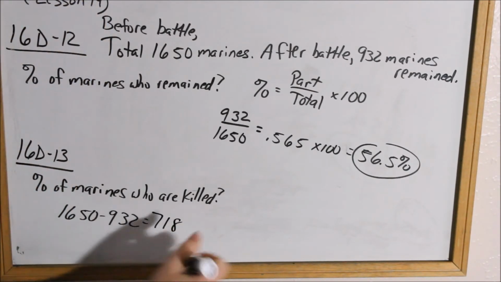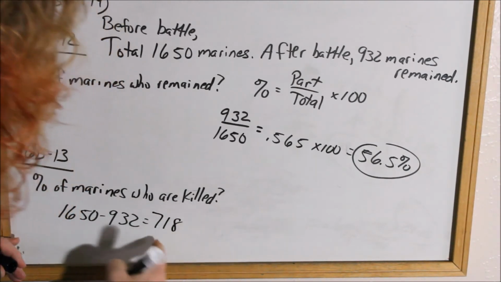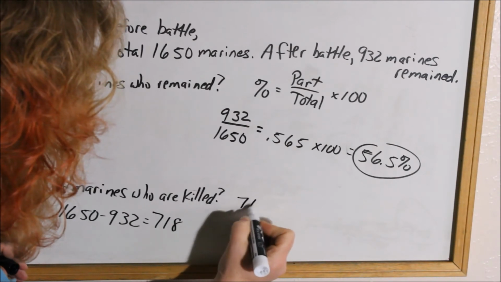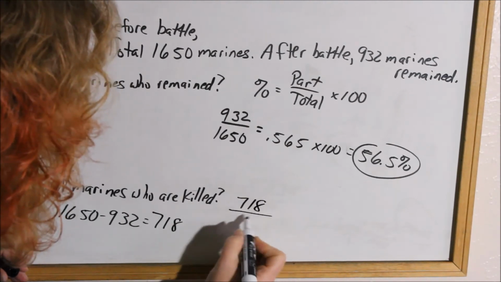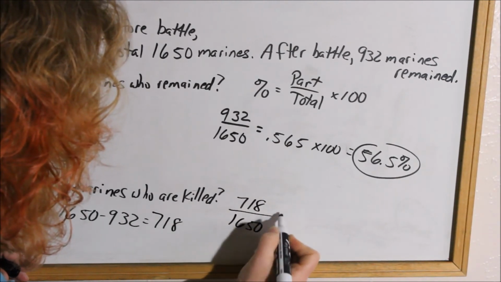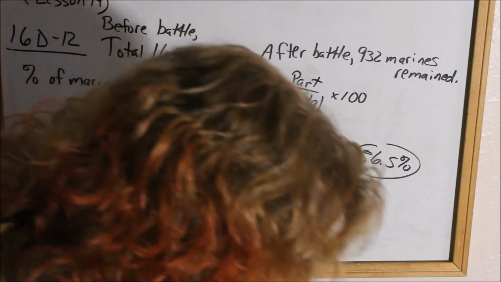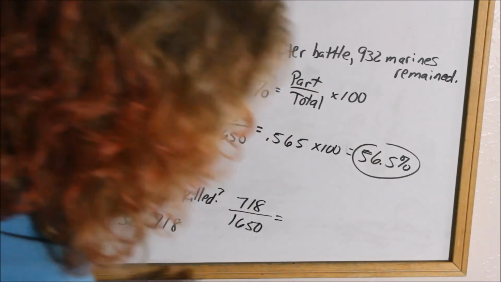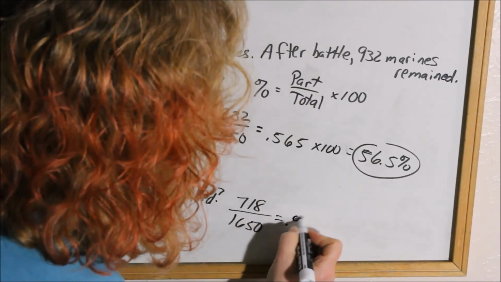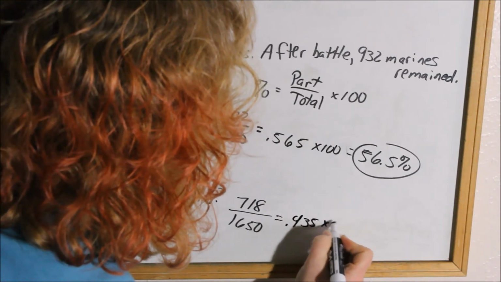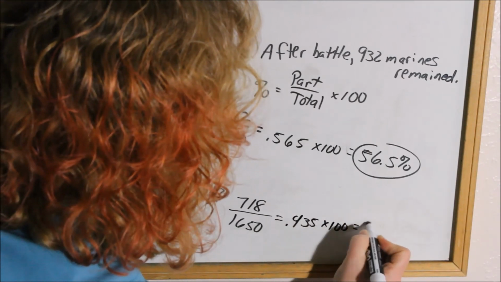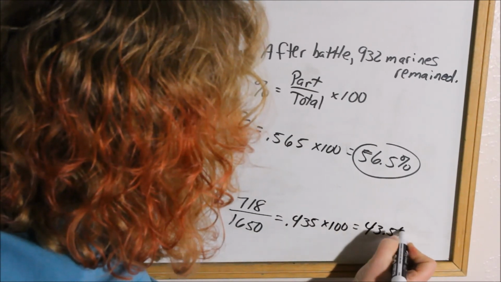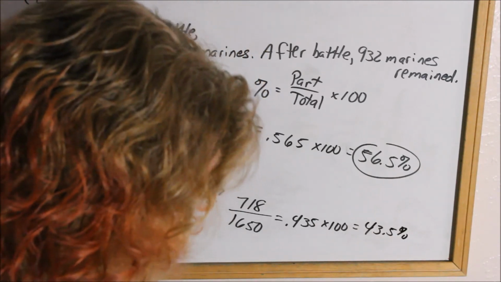So to find the percentage, we do the part over the total, which is 718 out of the total Marines. We can get a decimal for that, 0.435, but you don't leave it a decimal. You multiply by 100 to turn it into a percentage, and that would be 43.5% of the Marines were killed.